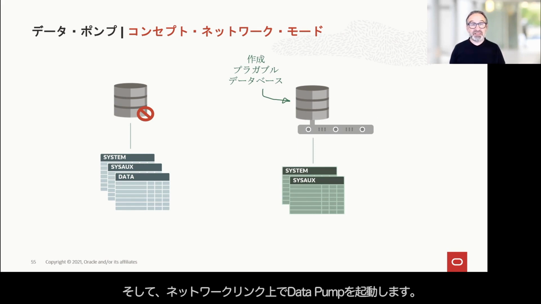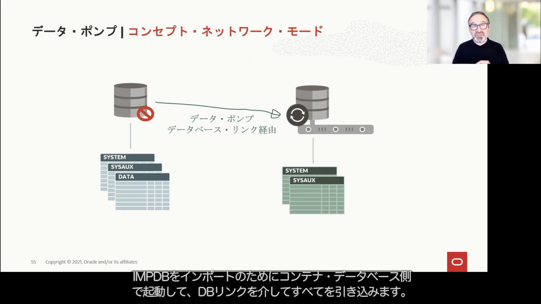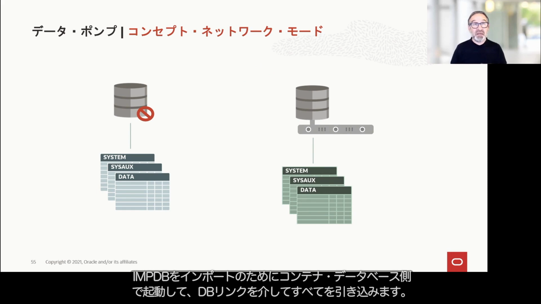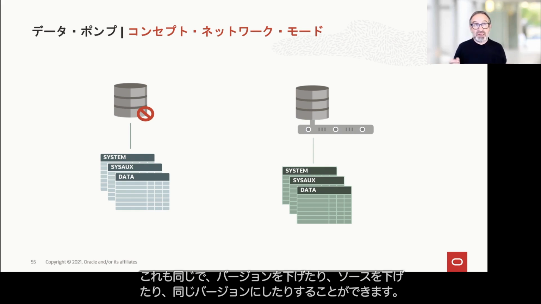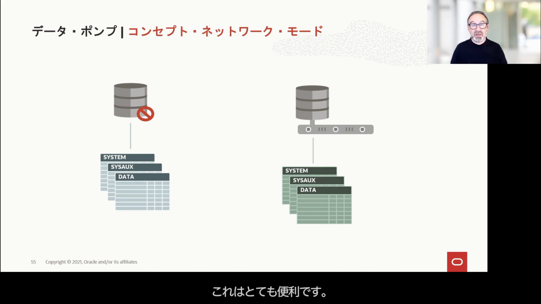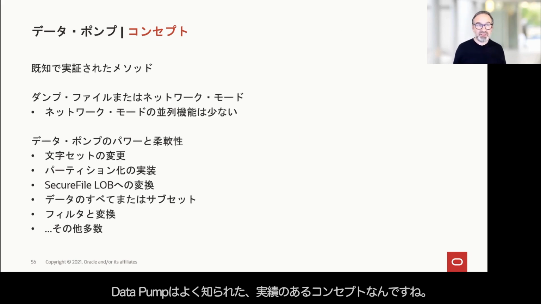And then we start data pump on the network link, which means we start impdp, the import, on the container database side, and we pull everything over the database link. We don't write a dump file here. This goes also same or to a lower version. So source can be lower or same version. And it's very convenient. So data pump is a well-known and proven concept.